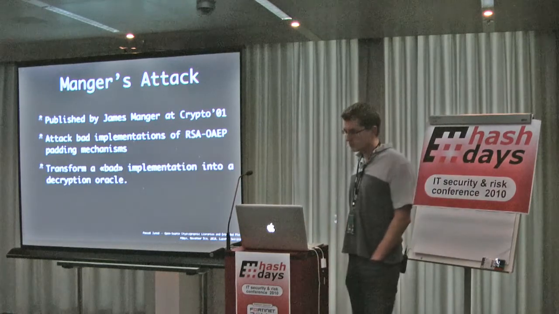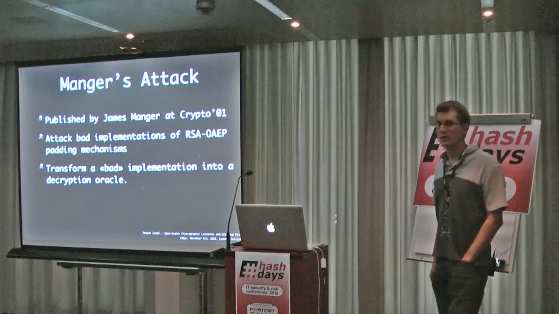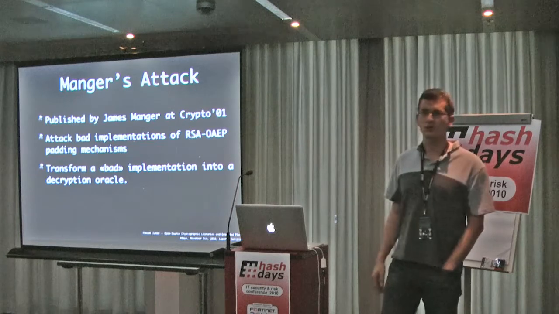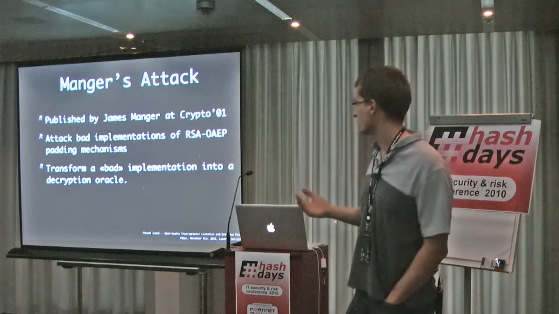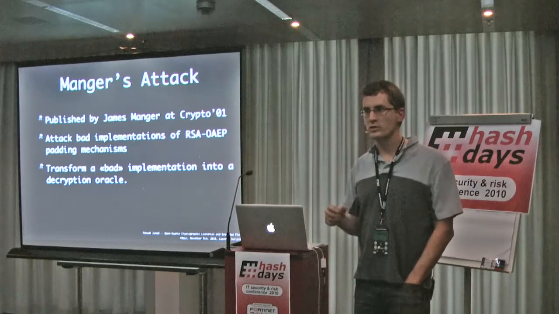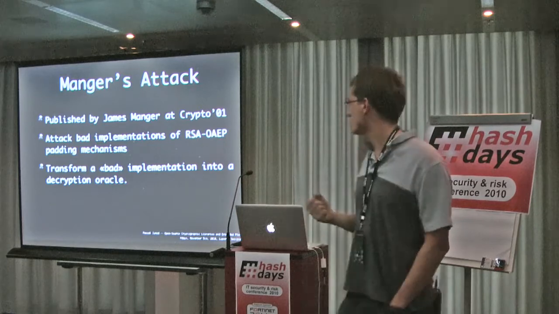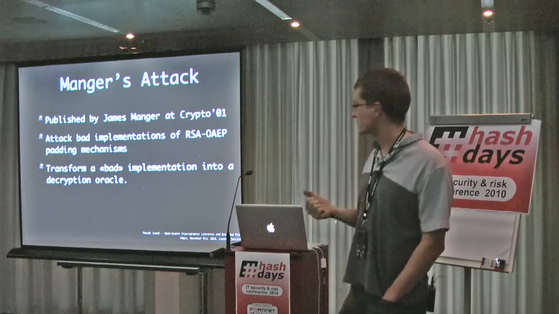And so this attack transforms a bad implementation, typically a time-dependent implementation, into a decryption oracle. So you have a server, maybe, or a smart card implementing a decryption operation. You don't know the secret key used to decrypt, and you can submit ciphertext.